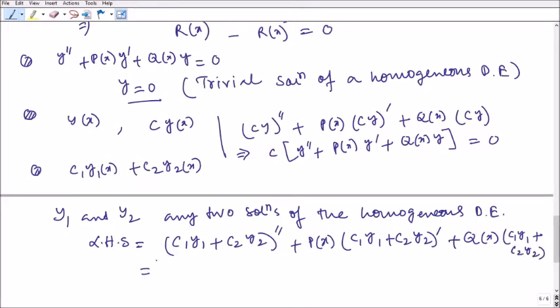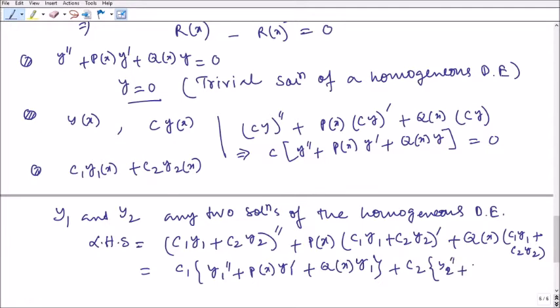Now we can write c1 into y1 double dash plus p of x into y1 dash plus q of x into y1, plus c2 into y2 double dash plus p of x into y2 dash plus q of x into y2.